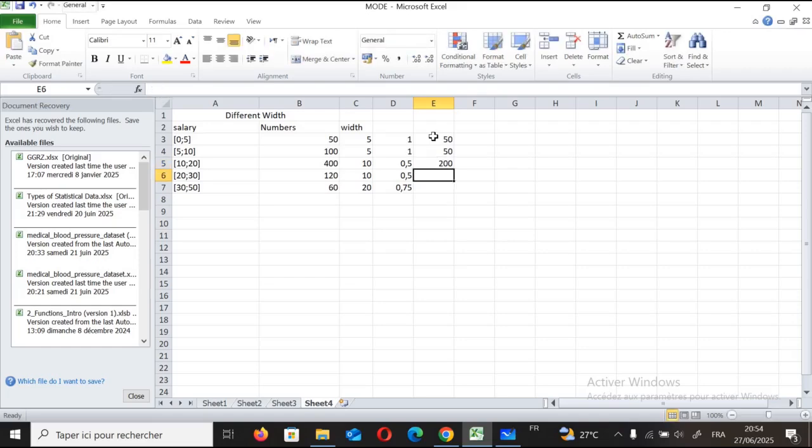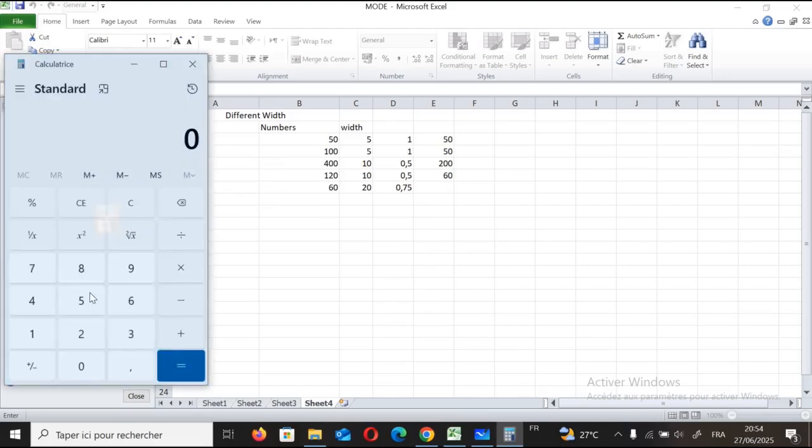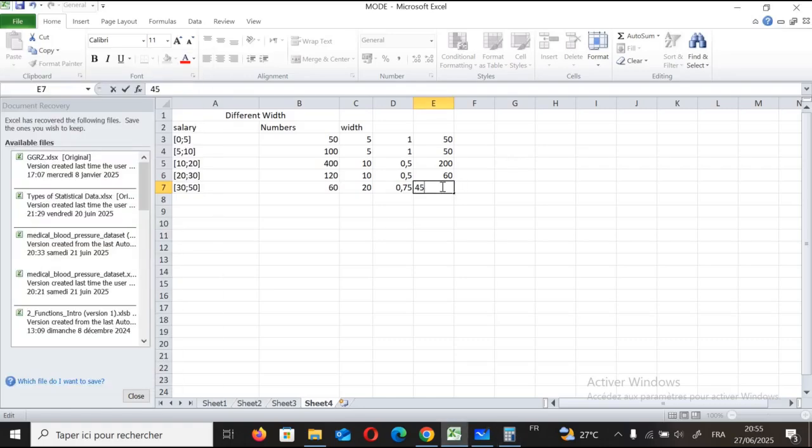The half of 120 is 60. And here, to find 3/4 of 60, we multiply 60 by 0.75, which gives us 45.